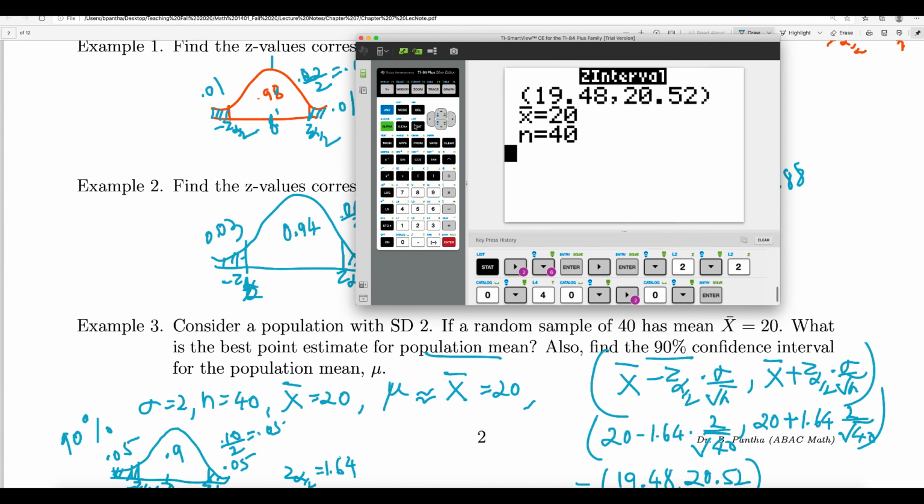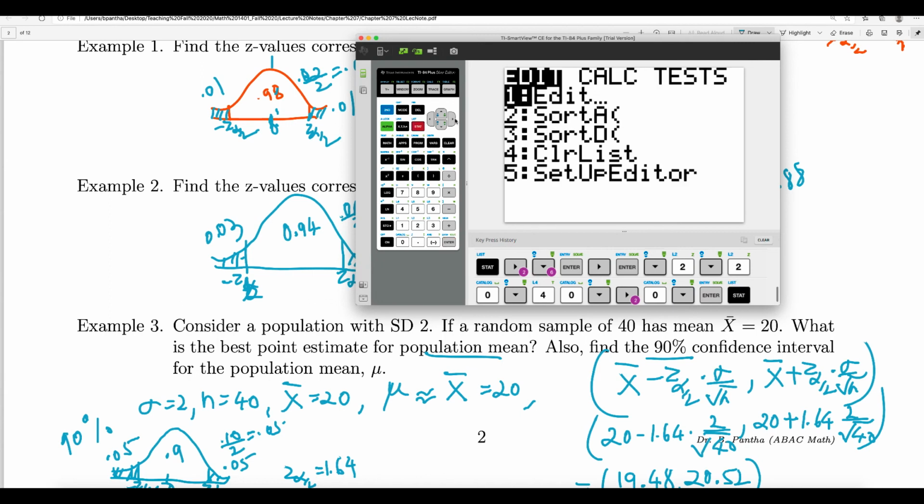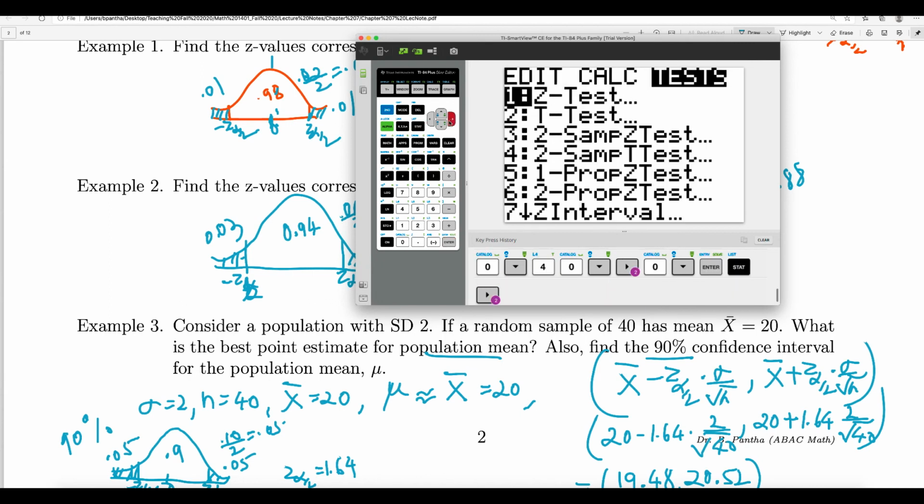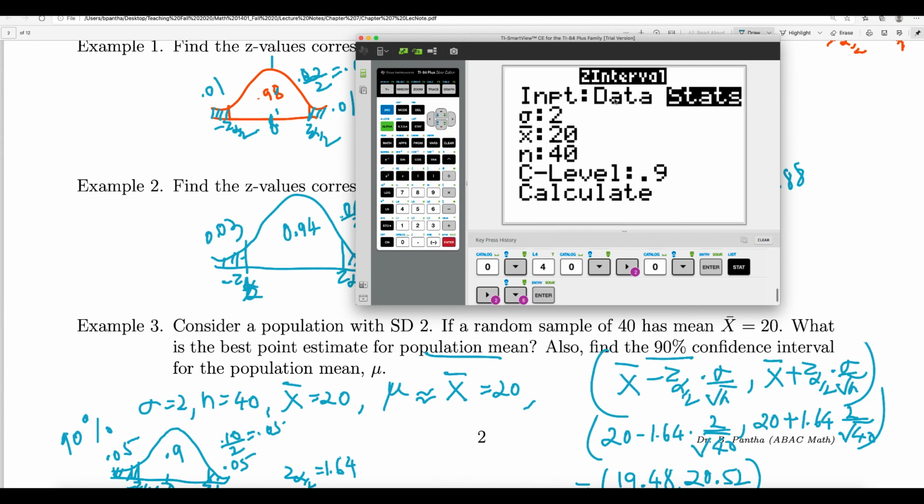So again, there are two options. How do you do this? Stat, and then go to test. Not a Z test, you should do Z interval. When do we use Z interval? If you are finding the confidence interval for the population mean when sigma, the population standard deviation, is given, then you pick number 7, Z interval, hit enter, and there are two options, data or statistic.